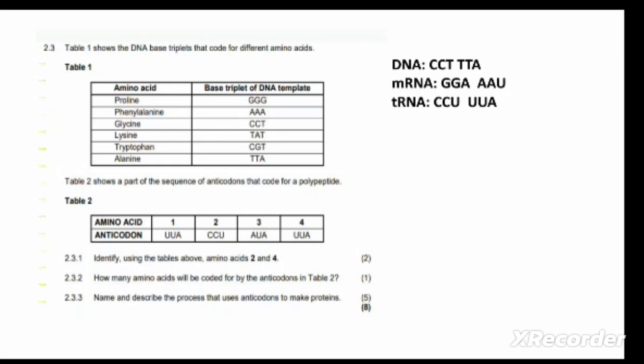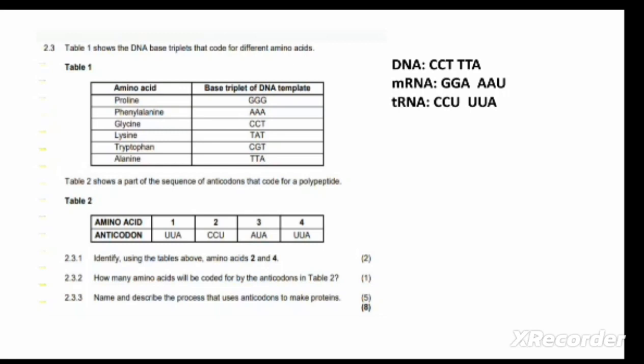The next question says name and describe the process that uses anticodons to make proteins. In this topic, we've spoken about DNA replication, transcription and translation only. So if you are looking for processes, choose from the 3. The process that includes anticodons, the tRNA, and also proteins, is translation, not transcription.